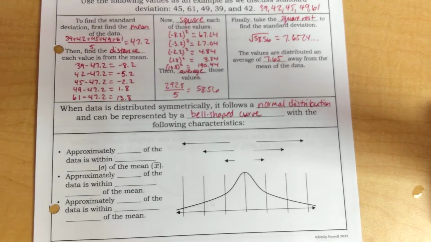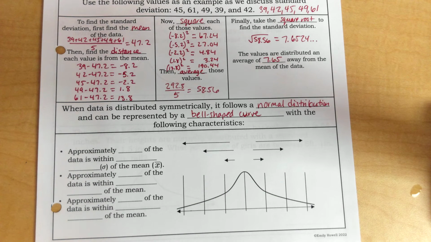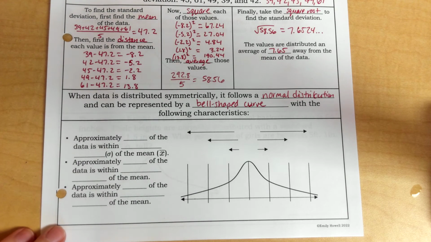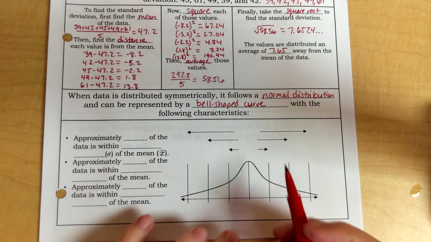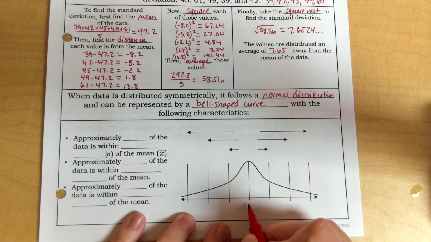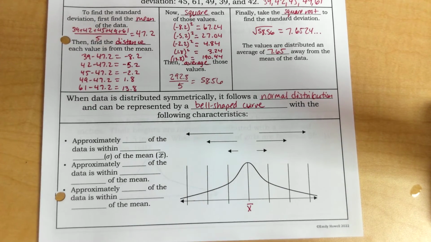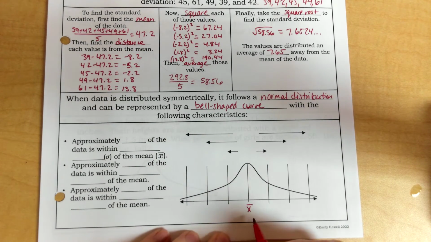And we use the standard deviation to help divide that data equally. All right, so here's what we have. The bell-shaped curve starts with the average here. This is your average value. And remember, that's the symbol that we talk about from our calculator that tells us that it's an average. So you could put mean here, that would be fine.